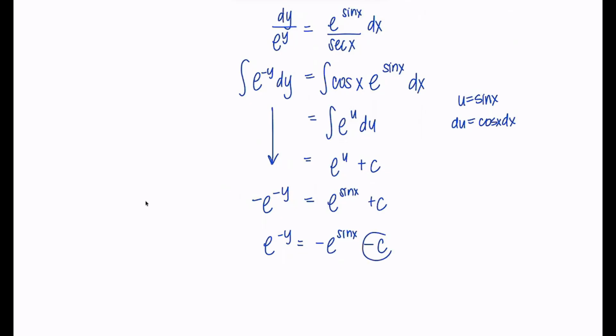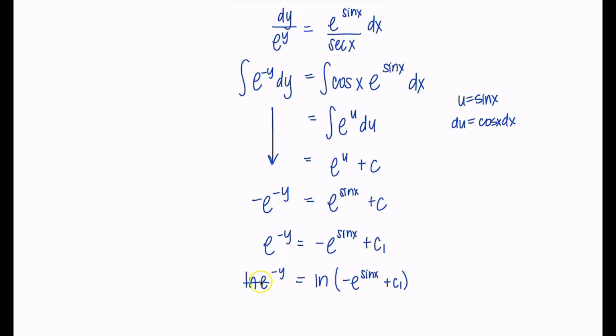But again, instead of thinking about this as minus c, I'm just going to call this plus some c1 value. And now to solve for y, I'm going to take the natural log of both sides to get rid of the e in the base. So if I take the natural log of both sides, natural log of e to the negative y, and then natural log of the quantity, negative e to the sine x plus c1.